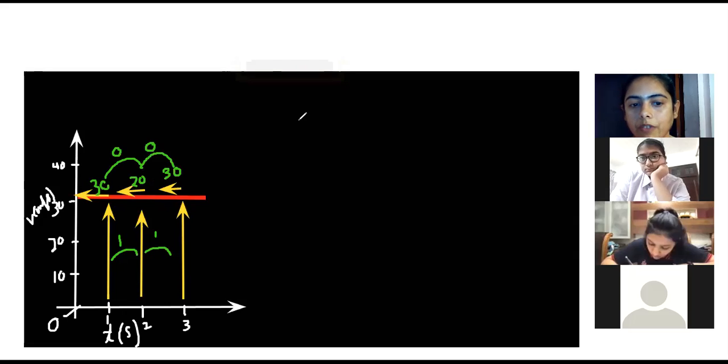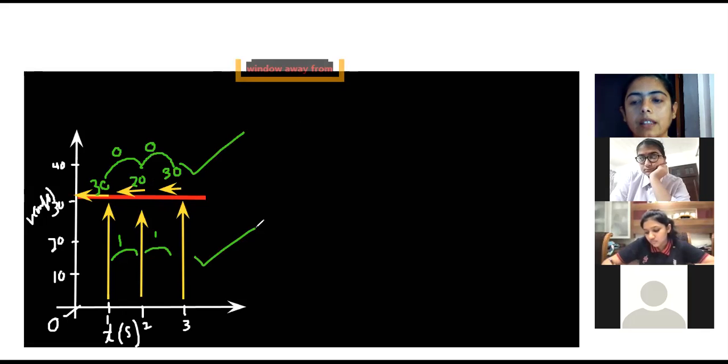So there is equality in the velocity as well as there is equality in the time. So we can say this is which graph? This is the uniform motion.